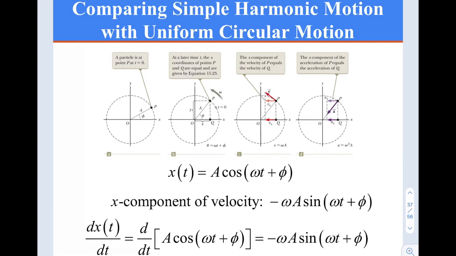So x is equivalent to A cos theta, where our theta is equivalent to omega t plus phi. Right. And then the x here keeps on changing, or varies, according to time if you are using the cosine function here.